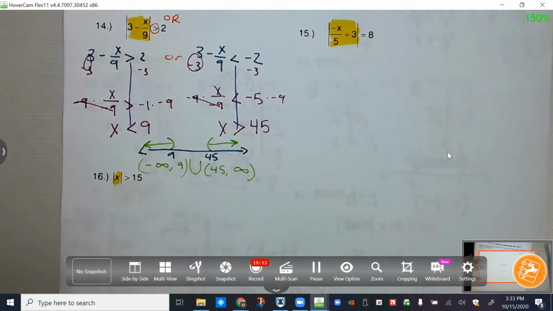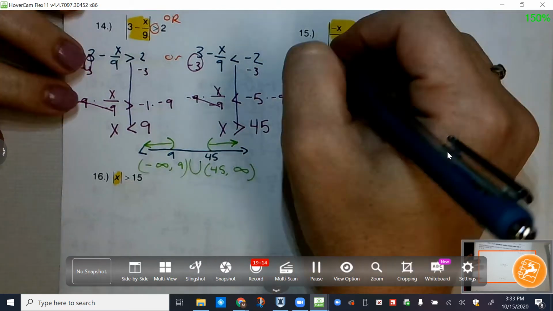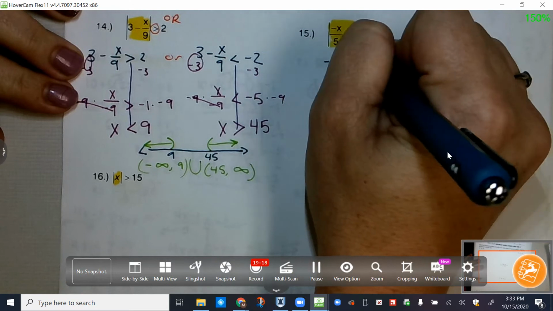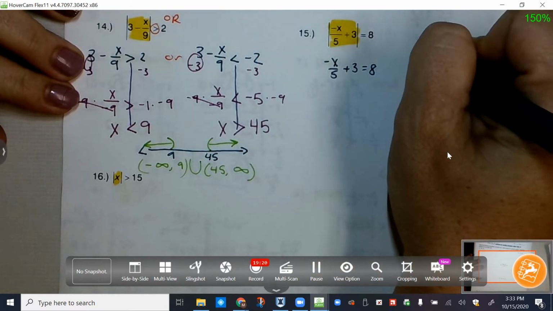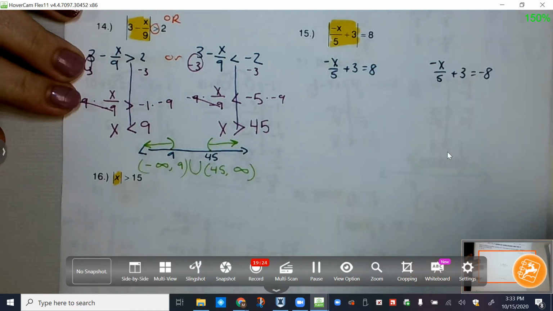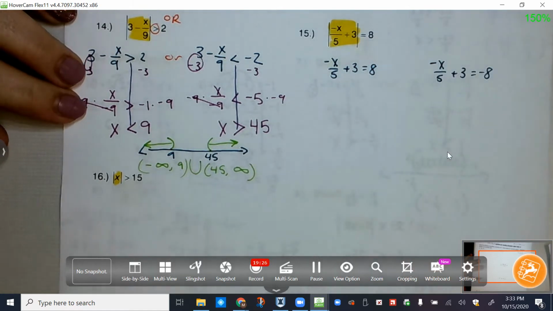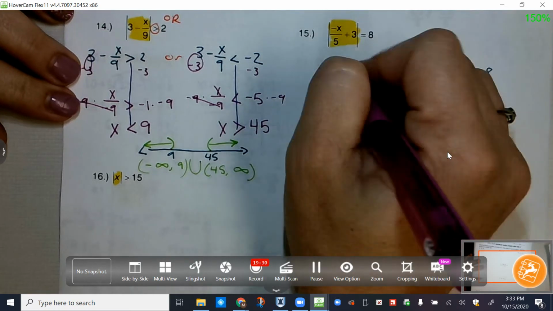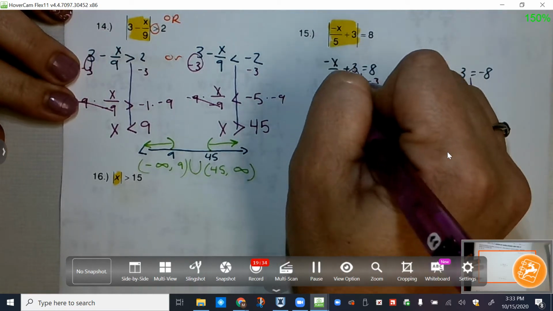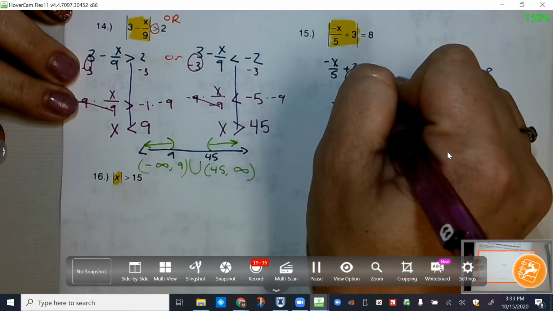Okay, here we have an equal sign, so we're going to write it exact. And then we're going to write it equals the opposite, so -8. And we're going to solve. So we're going to subtract 3. Get -x over 5 equals 5.